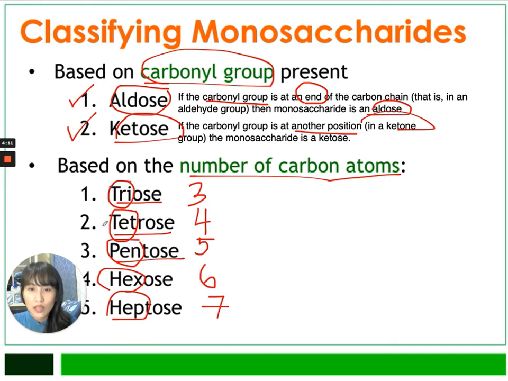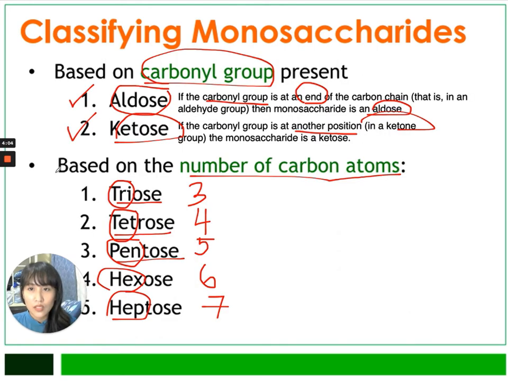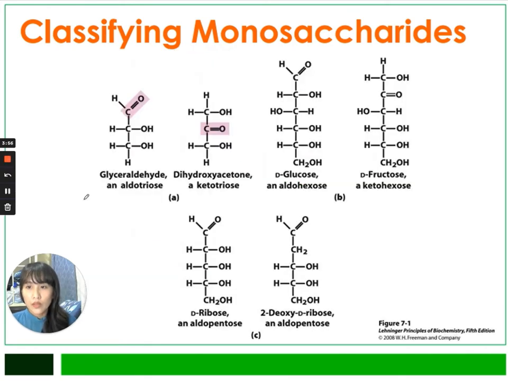Now let's try to classify monosaccharides based on the classifications we have discussed a while ago: based on the carbonyl group present and based on the number of carbon atoms. Let's try the first one, glyceraldehyde.